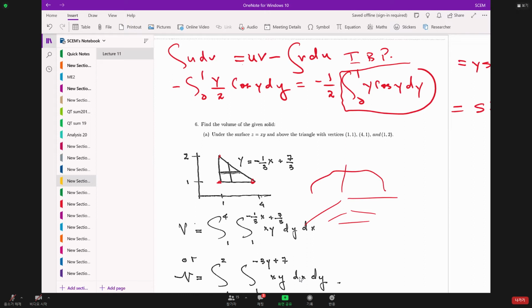You want to find the volume under this function, z equals xy. It's kind of a hyperbola; the function xy itself goes like that. That's your z function, in other words f of x, y equals xy. So you're integrating this function over this region R.